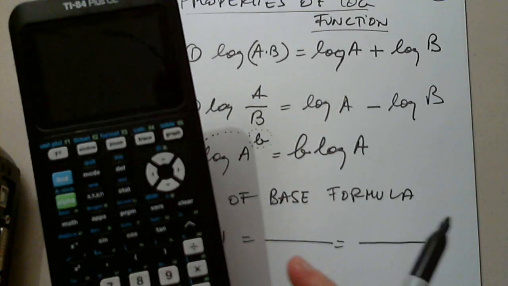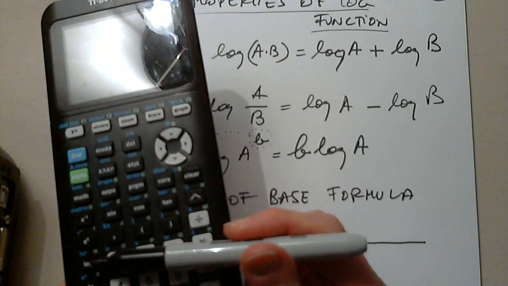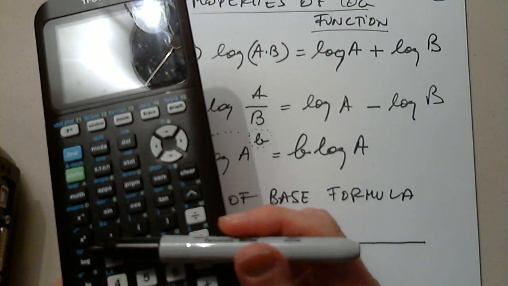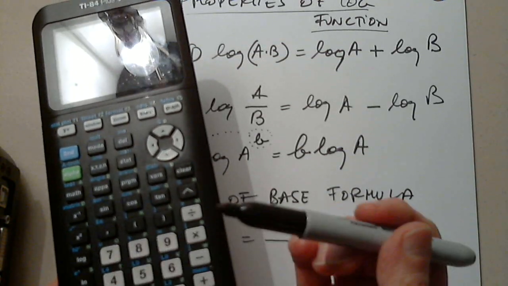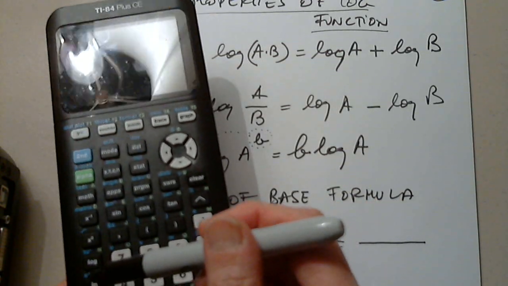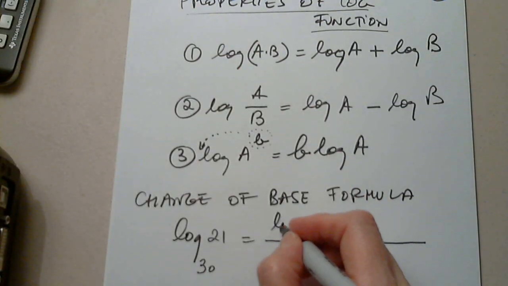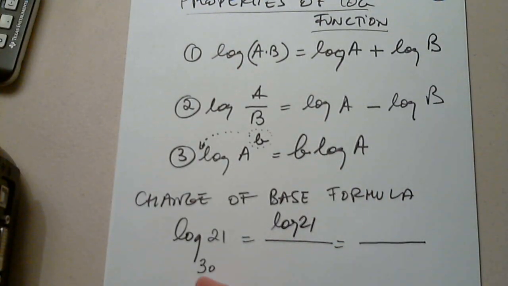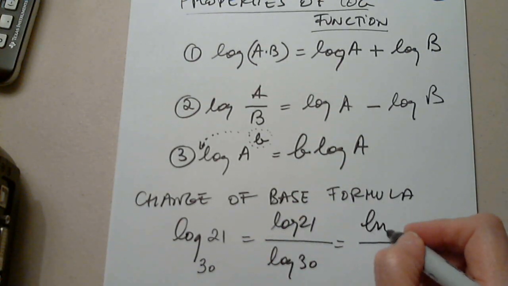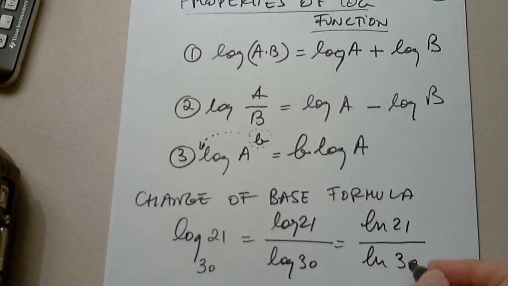But let's talk about the change of base formula. Assuming that I only have these two in the graphing calculator, log, which means base 10, and natural log, which means base e, this is what I'm going to use. So this is log of 21 divided by log of the previous base. Same thing, but with natural log: natural log 21 over natural log 30.